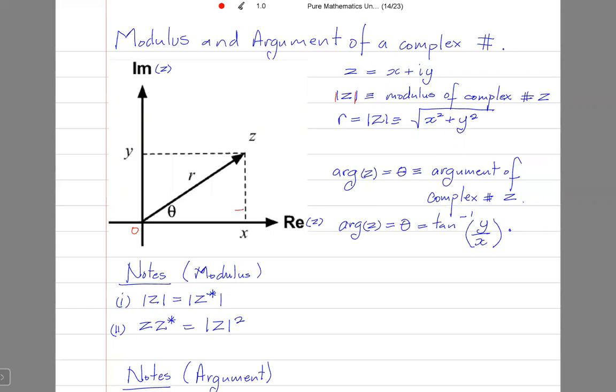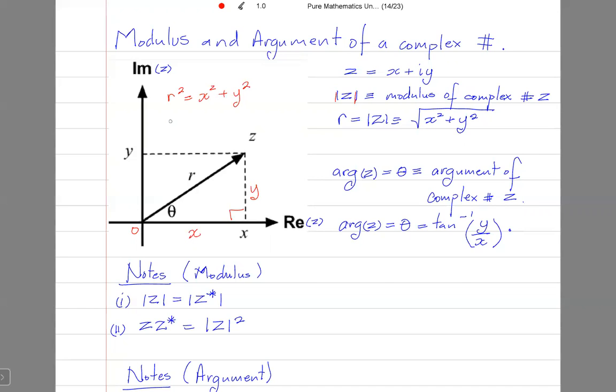If this is a right angle triangle, this is x and this is y, Pythagoras theorem says that r squared would be equal to x squared plus y squared, where r is the modulus of the complex number.